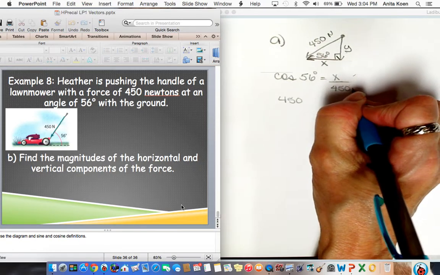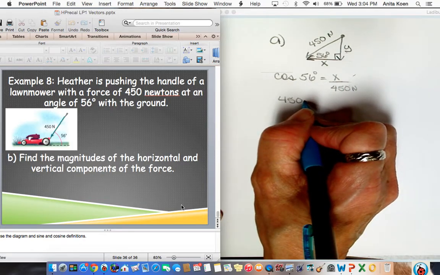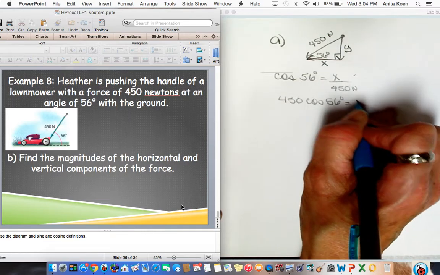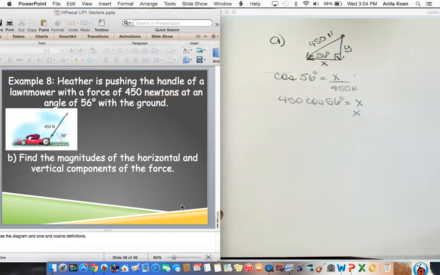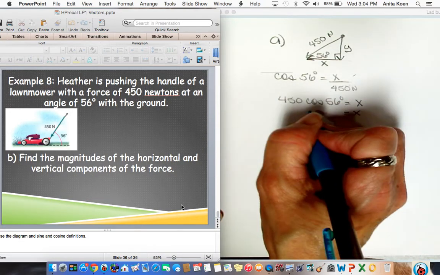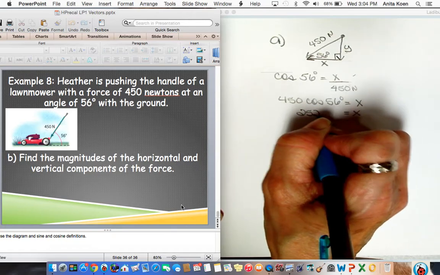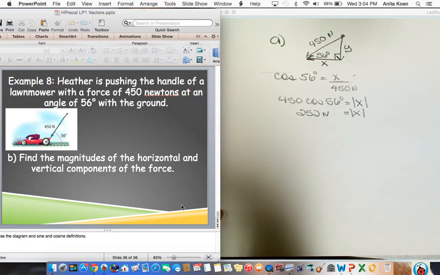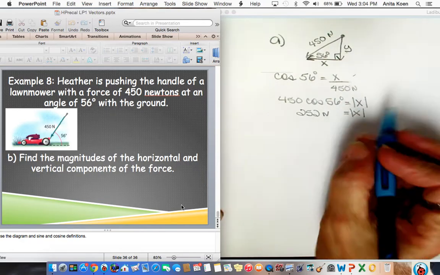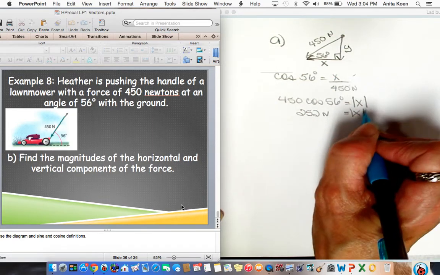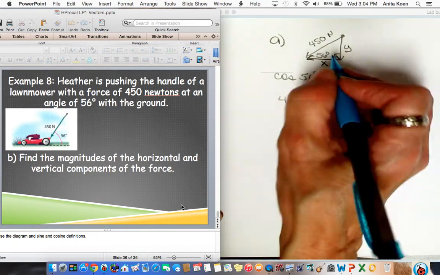That's newtons. 450 times the cosine of 56 degrees is going to give me my X. Okay, and when I put that into the calculator, I get X is equal to 252 newtons. Now, this is the magnitude of X, so I want you to understand that this is the magnitude. It's not the length of X, it's the magnitude of X. So 252 newtons.